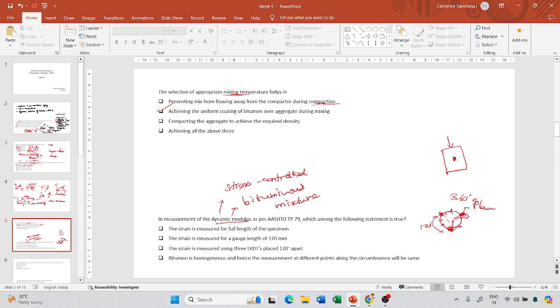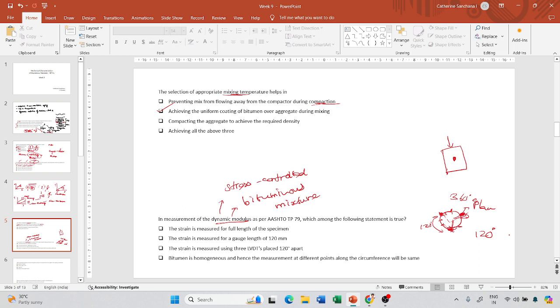LVDTs are what are used to measure deformation. So if there are 3 LVDTs, they have to be equally spaced at 120 degrees apart. You will find the deformation at the 3 LVDTs, find the corresponding strain, and take the average value.